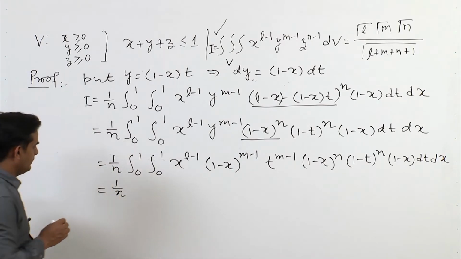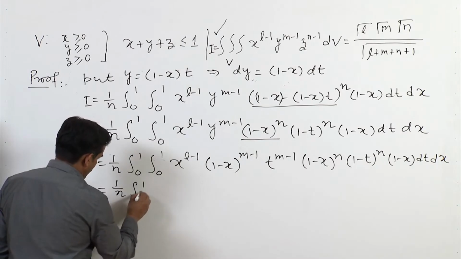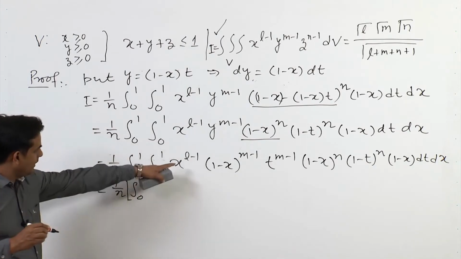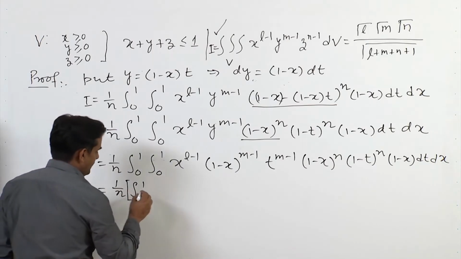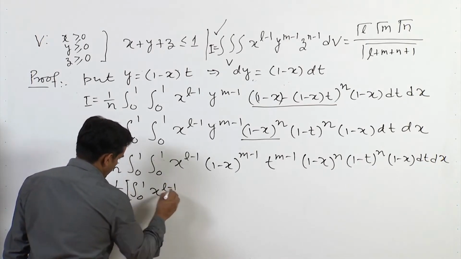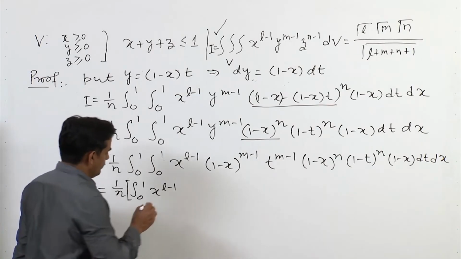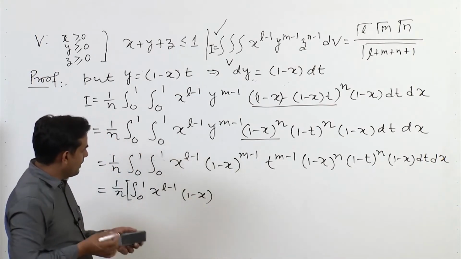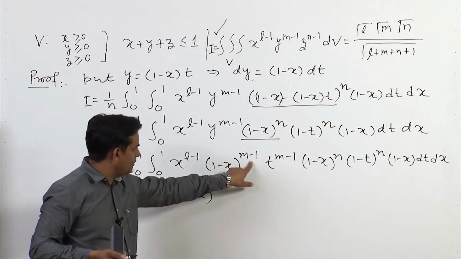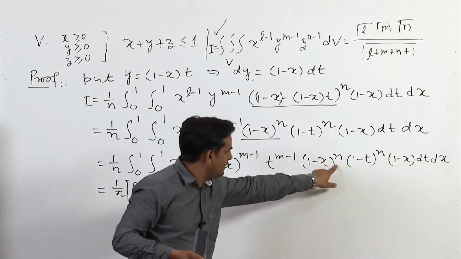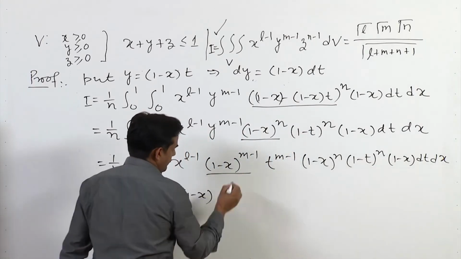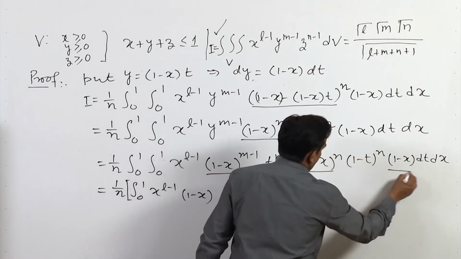So, 1 by n, 0 to 1, x raised to power L minus 1 into 1 minus x raised to power m minus 1 from here and from here, and 1 from here. So, m minus 1 and 1.